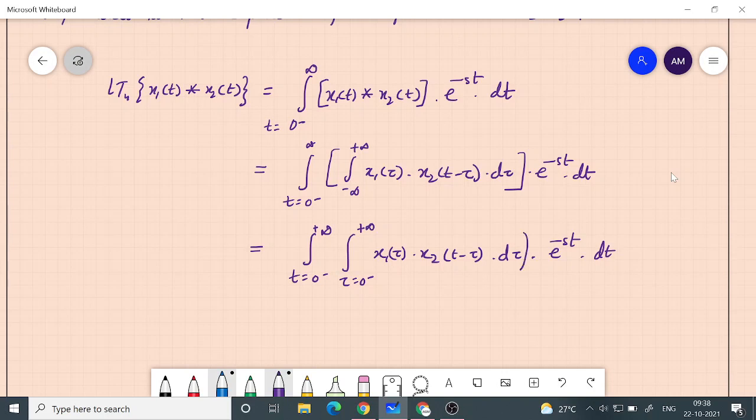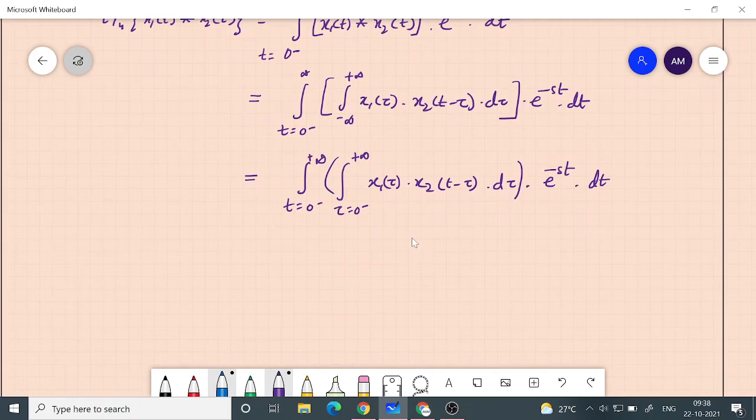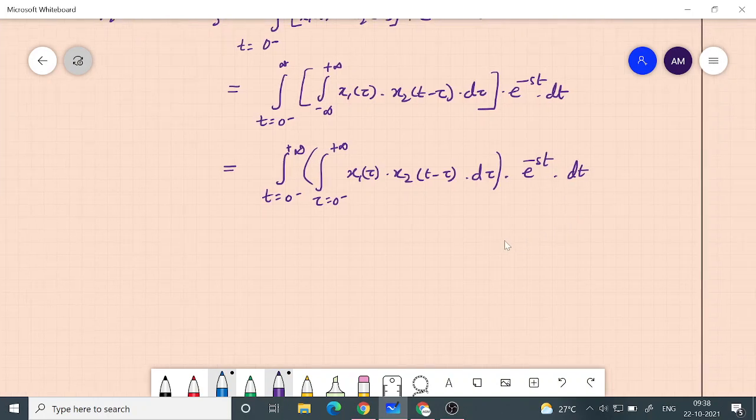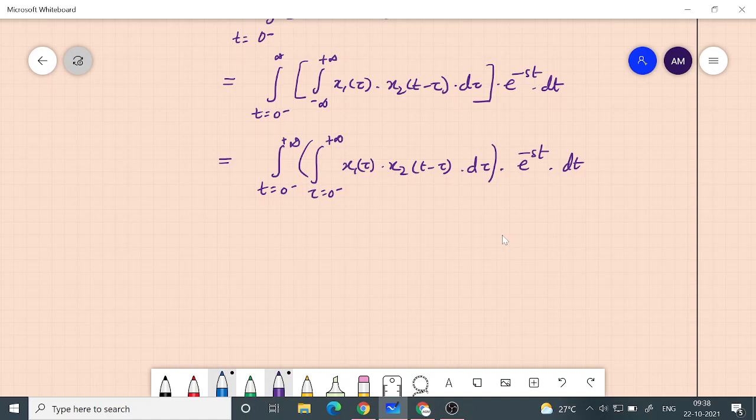So now what I am going to do is interchange these integrals. According to this expression, we are doing the tau integral first, and then whatever we get out of it, we are doing the t integration. Now let's interchange the tau integration and t integration, so we will do t integration first. I will write tau going from 0 minus to plus infinity.